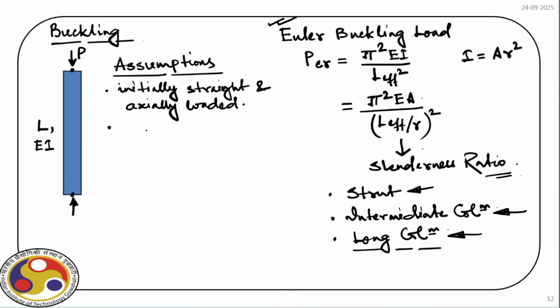The second assumption is the column is uniform.